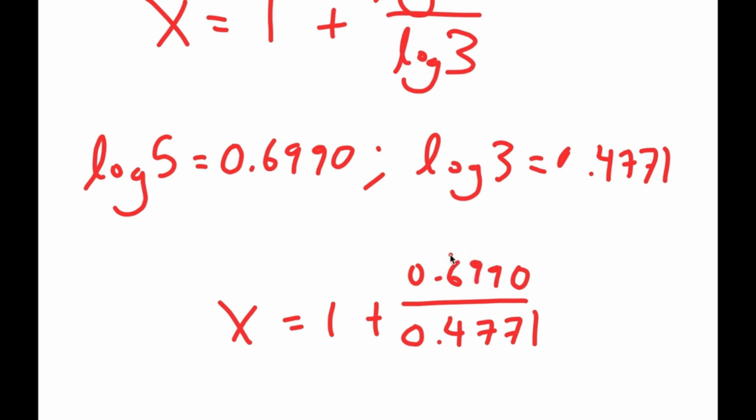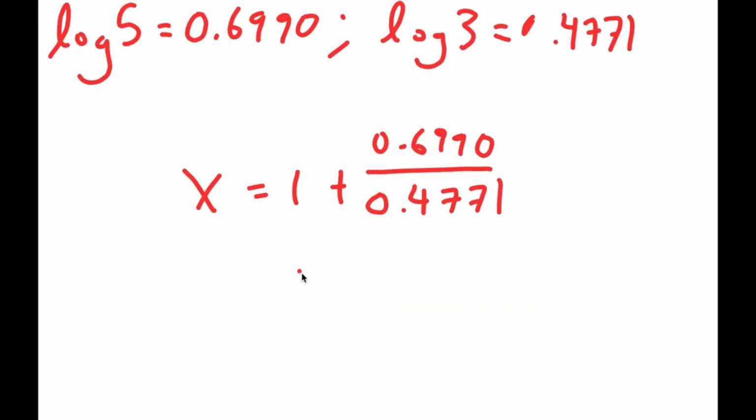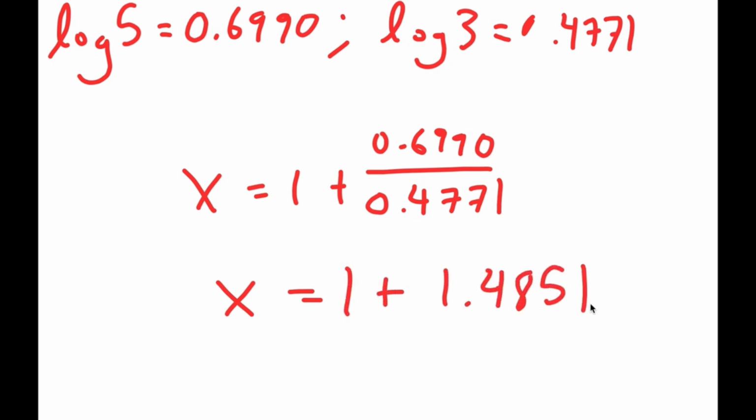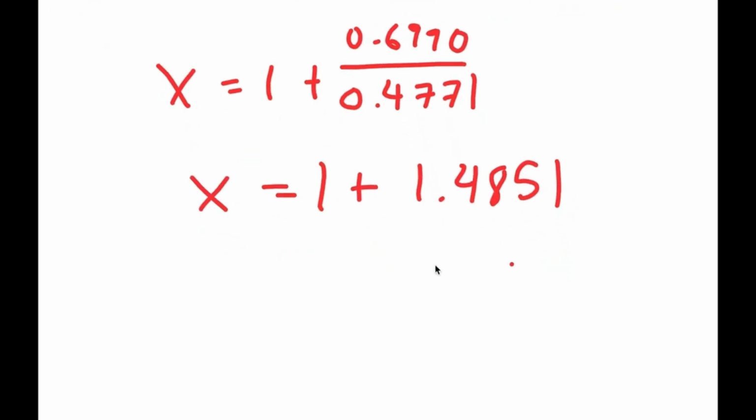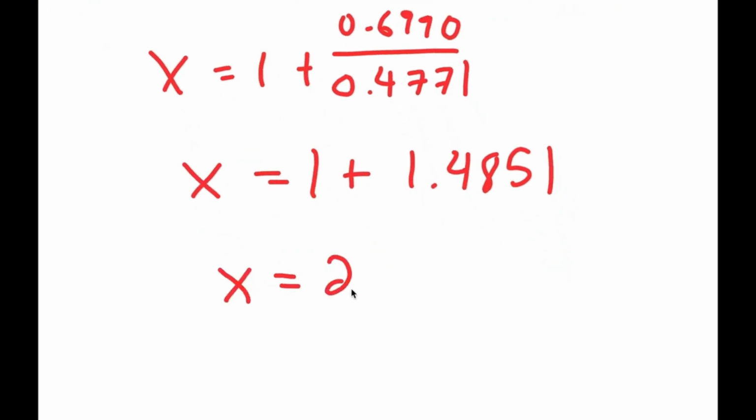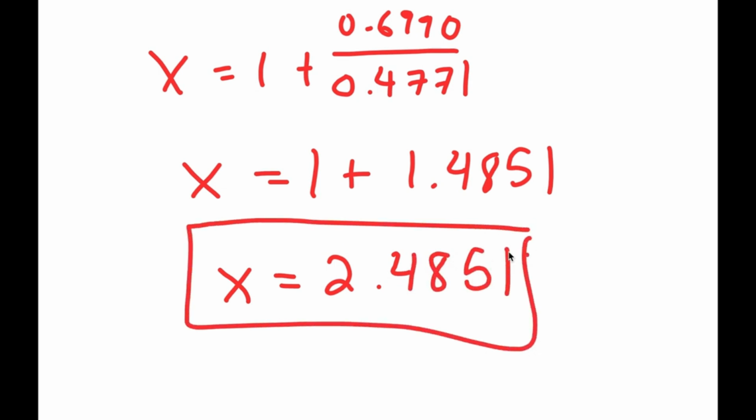Now, 0.6990 over 0.4771 is equal to 1.4851. And 1 plus 1.4851 is equal to 2.4851. So this is my value of x.